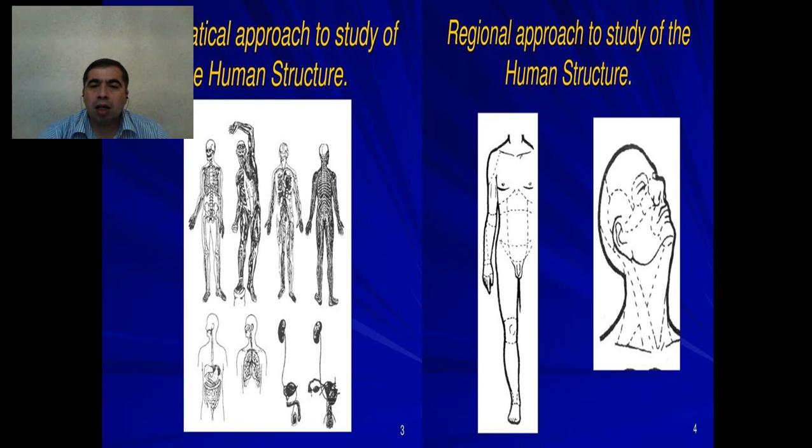You are studying the human body here by the regions, dividing of the face into the regions, for example, orbital regio, nasal regio, infraorbital, zygomatic regio, parotid mesenteric regio, and so on.